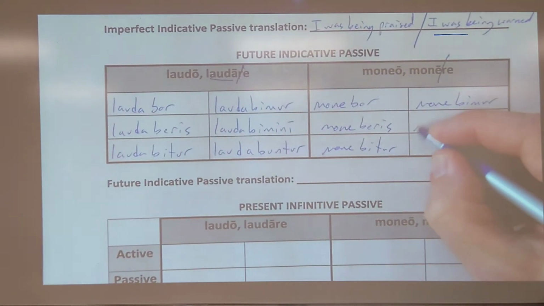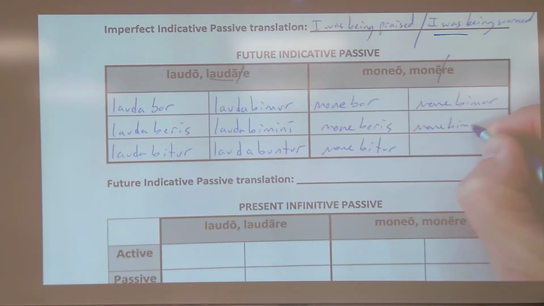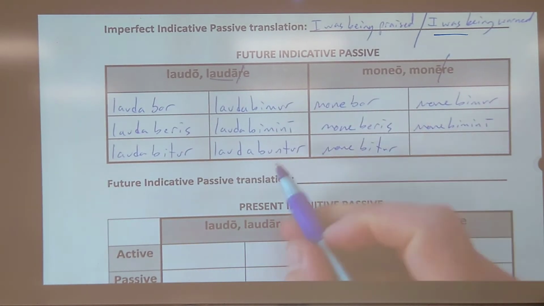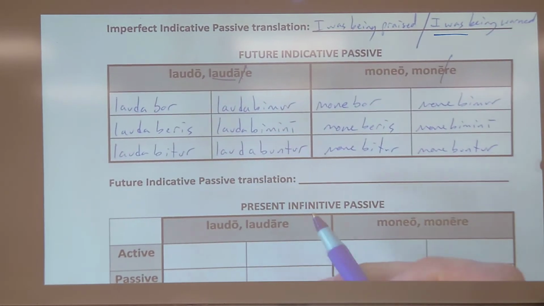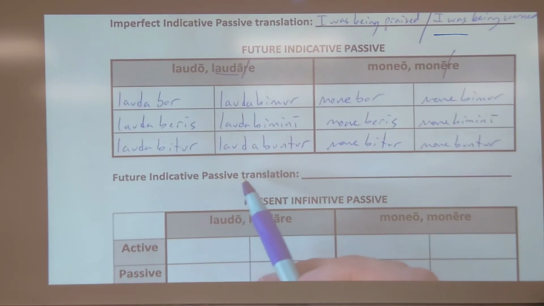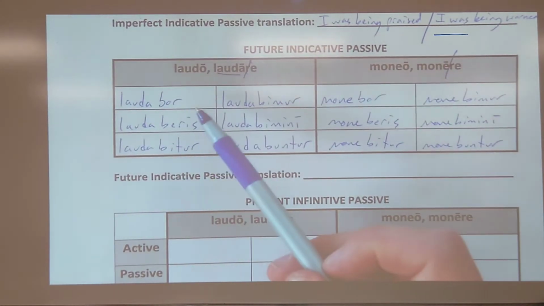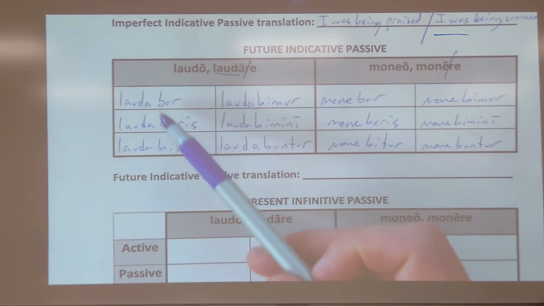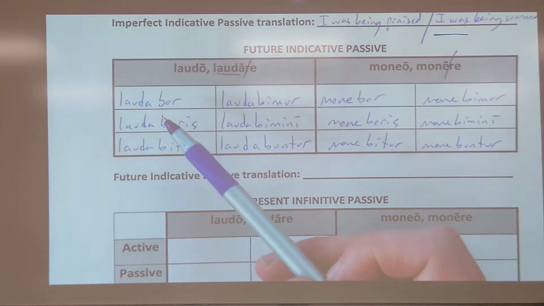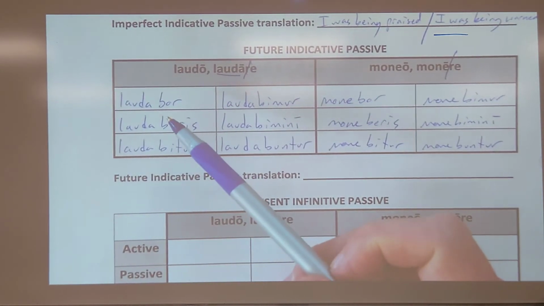Mone, bimini. And mone, buntur. All right, and then for the future indicative passive translation, well, if this were active, lauda bo, it would be I will praise. But since it's passive, the subject receives the action of the verb. I will be praised.